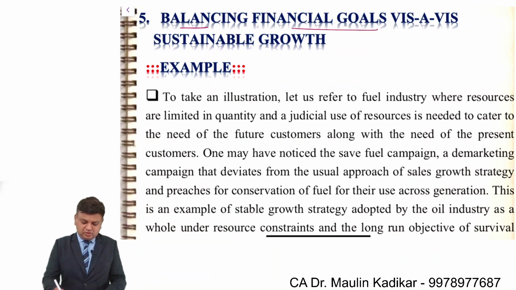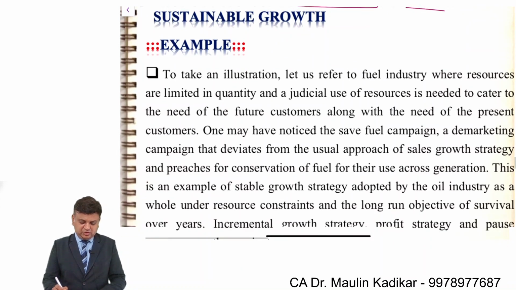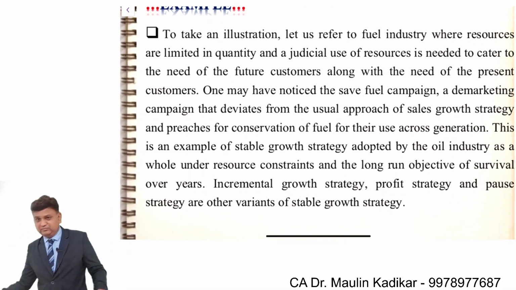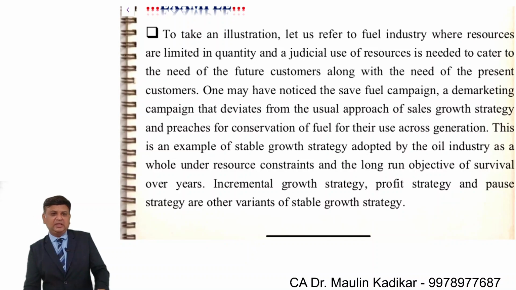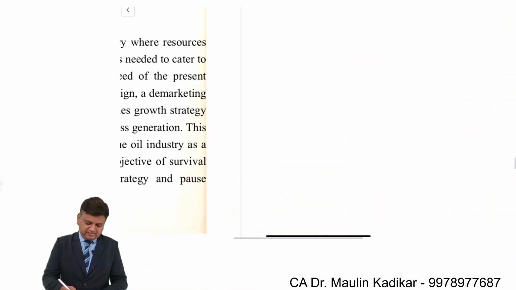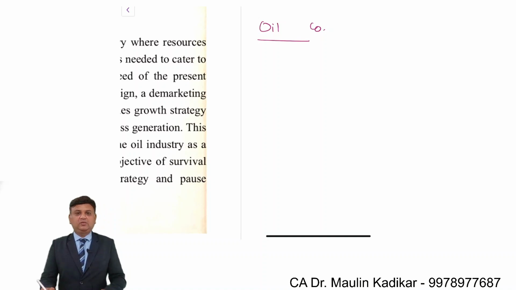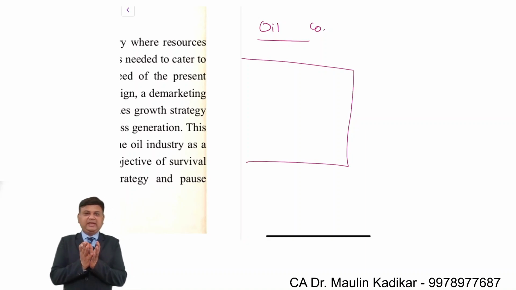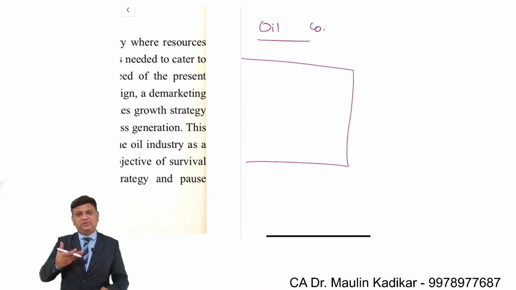Balancing the financial goals vis-a-vis sustainable growth. For that, an example is given to us. The example is given for an oil company, in which they have specified that the resources of oil that we have are of course limited.